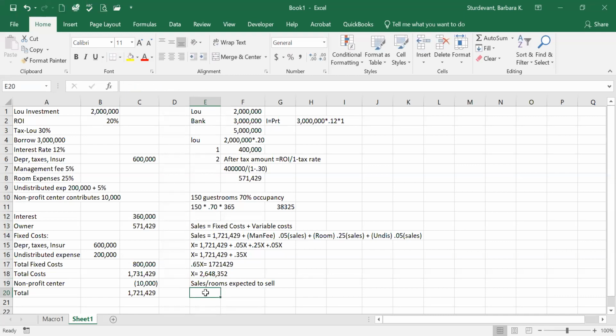So in this case, it's going to be the 26,48,352 divided by the 38,325. So we would have to charge $69.10.